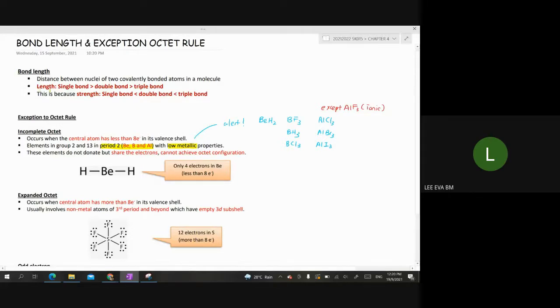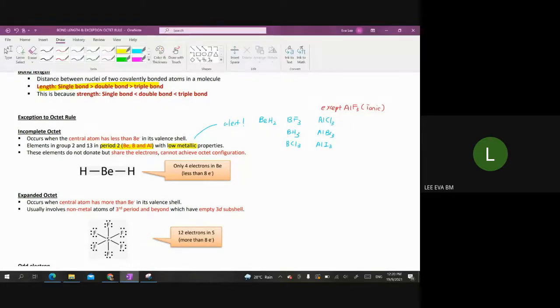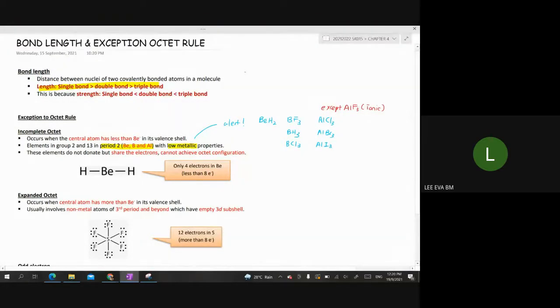So this is the bond length. Then the length, single bond is the longest, followed by double bond, followed by triple bond. Okay, and this is because of the strength. If you're looking at the bond, let's say Madam using a symbol X. Single bond X-X is longer than double bond, which is much longer than our triple bond.